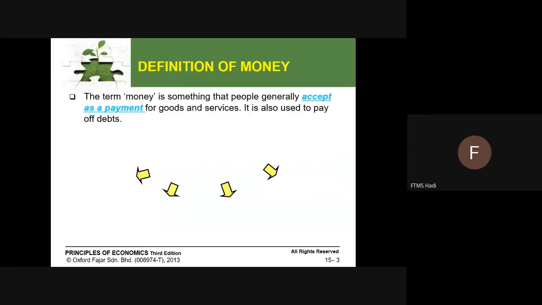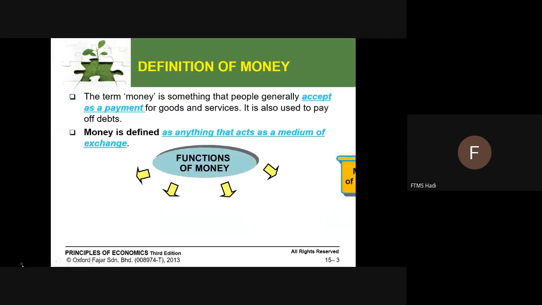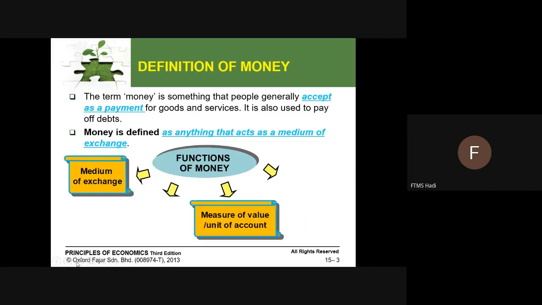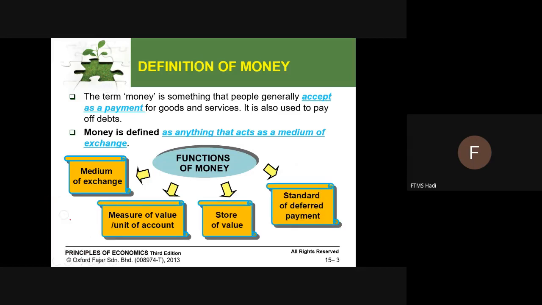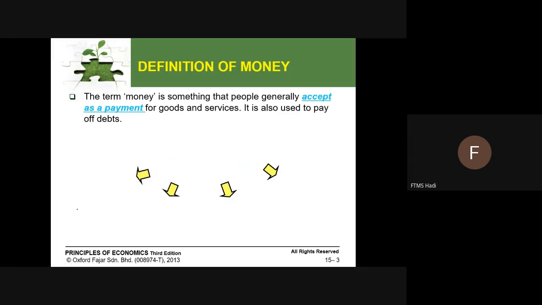What is the definition of money? The term money is something that people generally accept as a payment. The keyword here is payment.